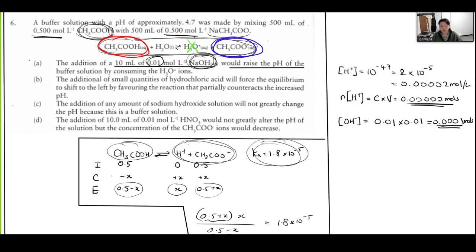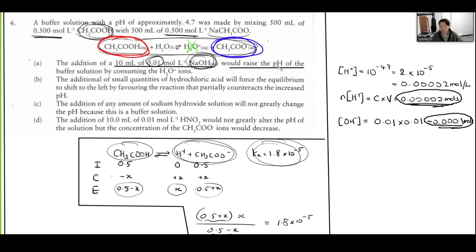So is it really? I mean, just take a look at this sentence here. What that sentence is saying is that this would eat out this one, and that's the reason why the pH would go up. Yeah, that's correct, right? Well, because there's way more.